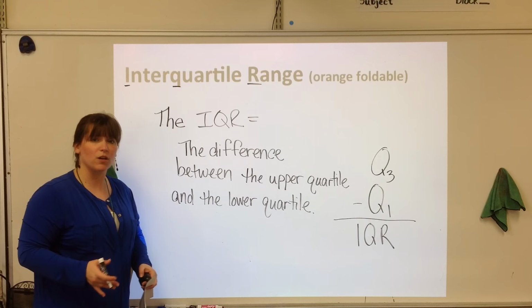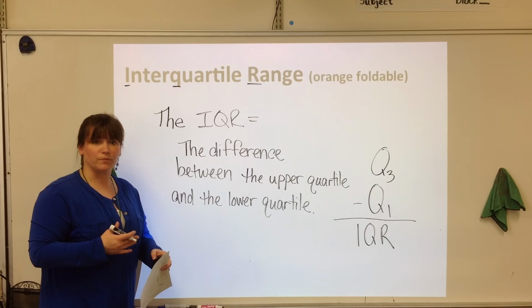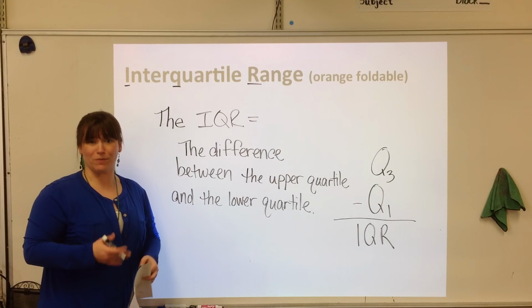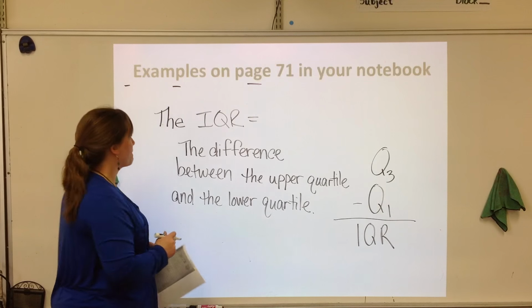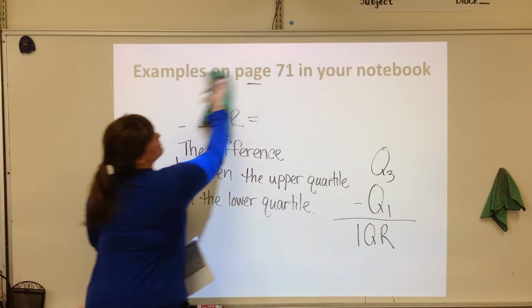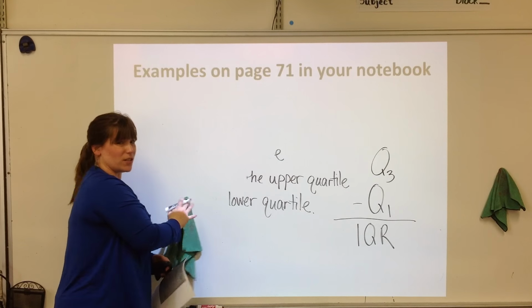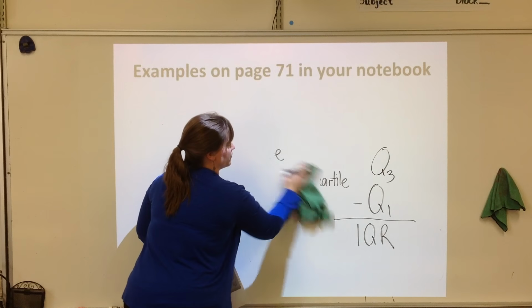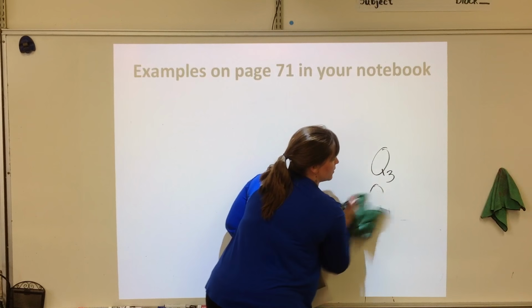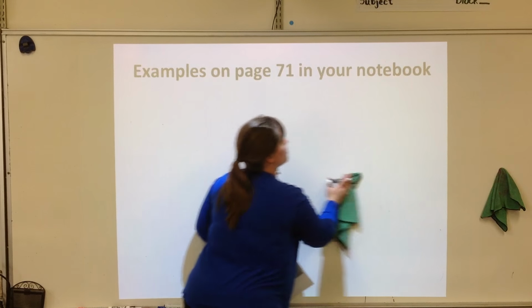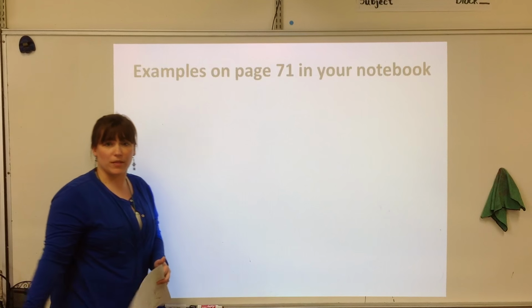There's nothing to glue. There's nothing really to do except to write what I'm doing. We're going to do some examples together, just 2. So in my notebook, it's page 71. If you're not on the same pages as I am, for whatever reason, just turn to the next page and write examples up the top.